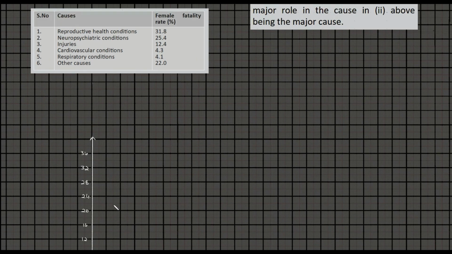We have to go with 4 then. 4, 8, 12, 16, 20, 24, 28, 32, 36. Right? Then this is 0. Yeah, that we have done.